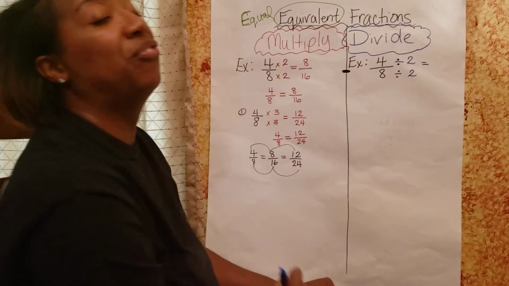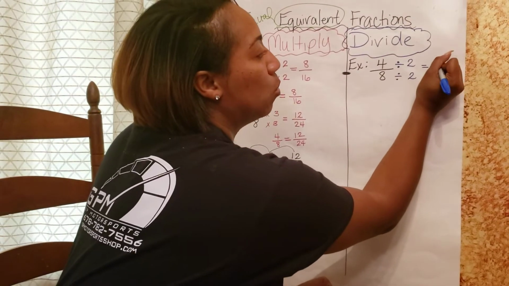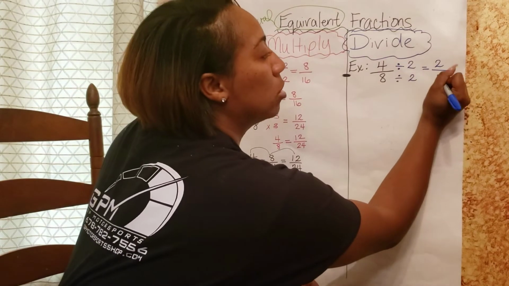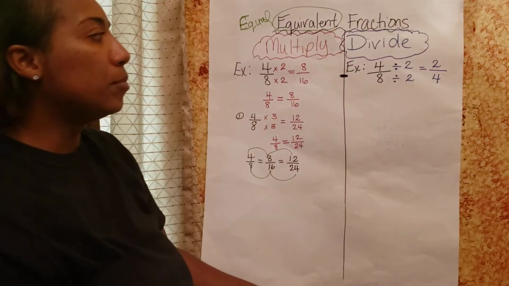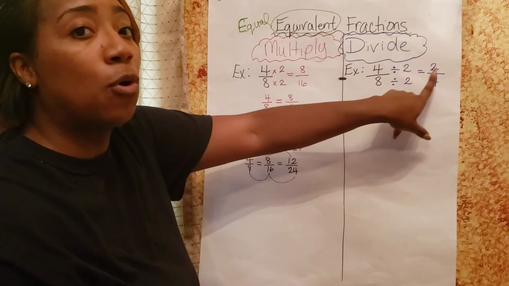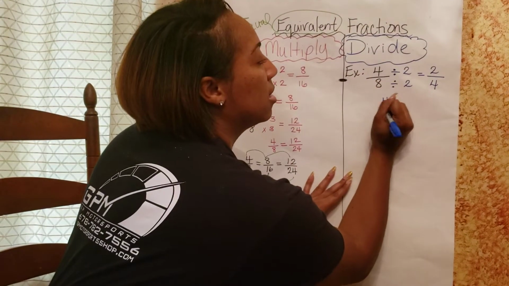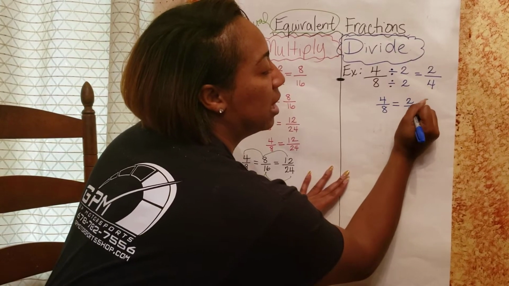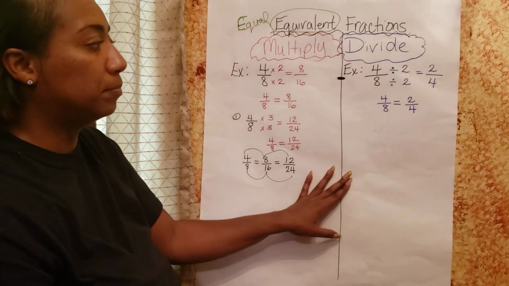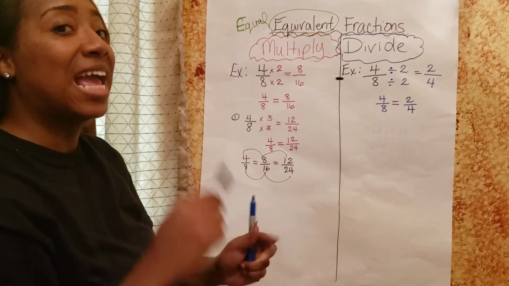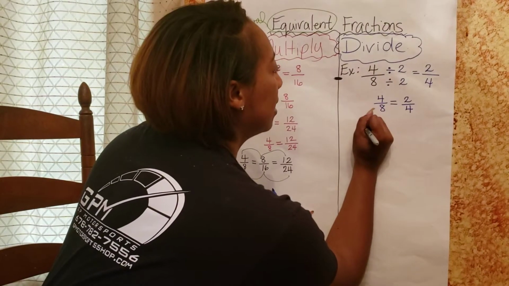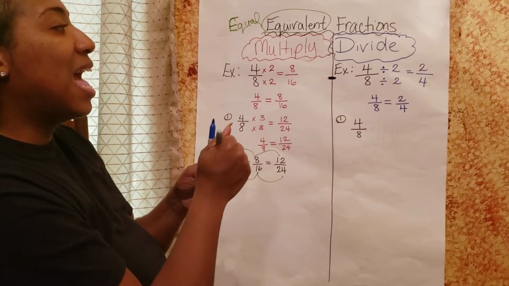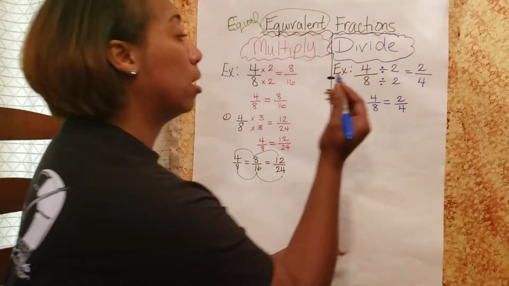So 4 divided by 2 equals 2. And 8 divided by 2 equals 4. So an equivalent fraction for 4/8 is 2/4. So 4/8 is equivalent to 2/4. I can take that same fraction, 4/8, and I can divide it by 4.